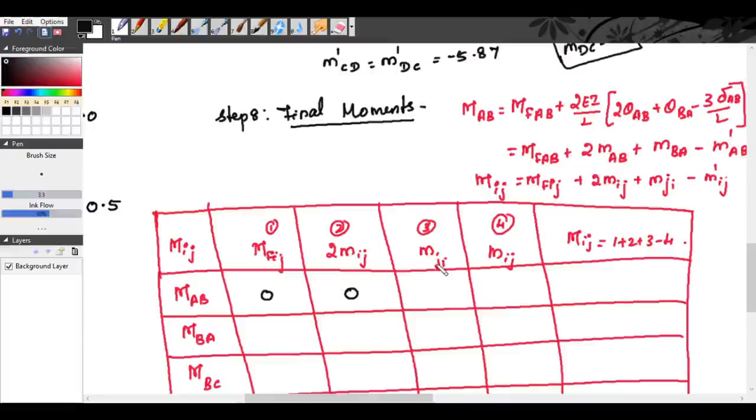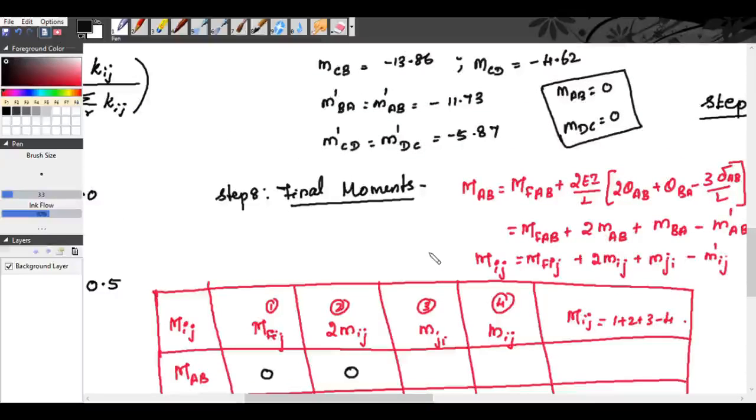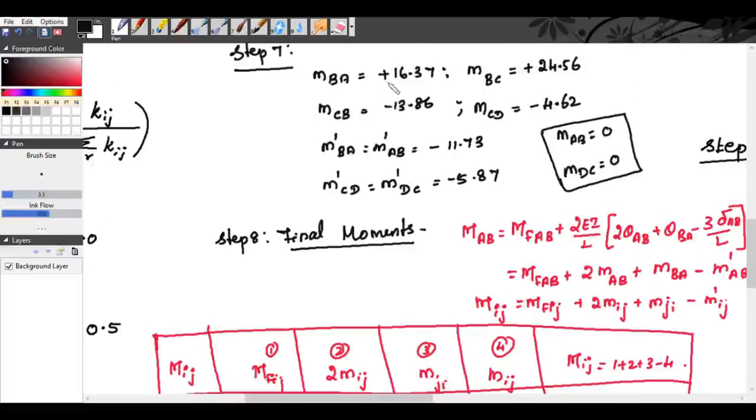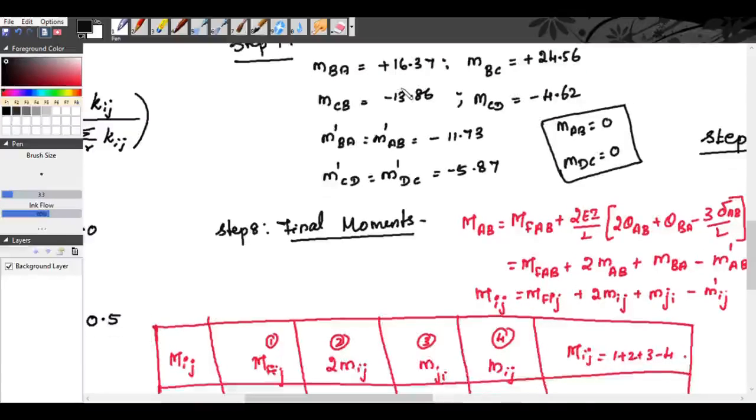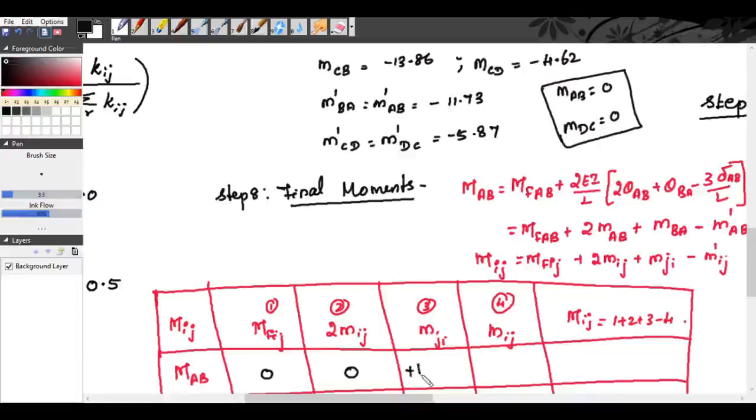For MBA, j means B and i is A. MBA is plus 16.37. M dash of AB is minus 11.73.